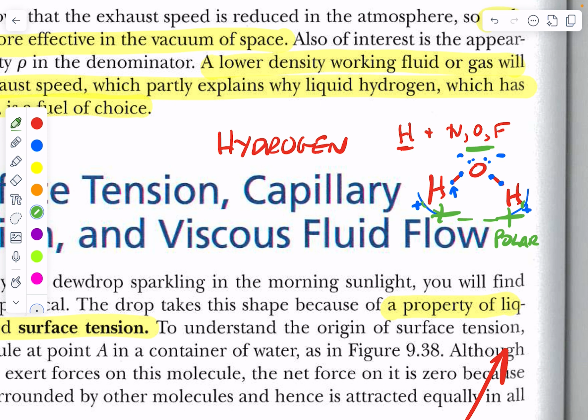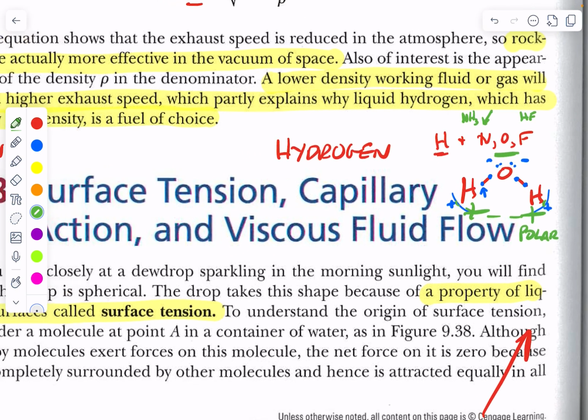That means that all the water molecules can attract other water molecules or other polar molecules, such as ammonia, for example, or compounds that have fluorine in them. We'll pick a simple one like hydrogen fluoride, and that's how we get these hydrogen bonds.